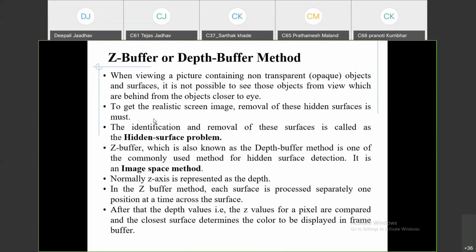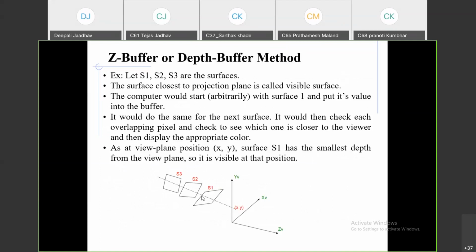To get a realistic screen image, removal of these hidden surfaces is required. We need to remove all these hidden surfaces so that we can get a realistic image. In this diagram, first we identify this entire surface, which is totally visible, but for this surface only some part is visible because it is hidden behind this one.